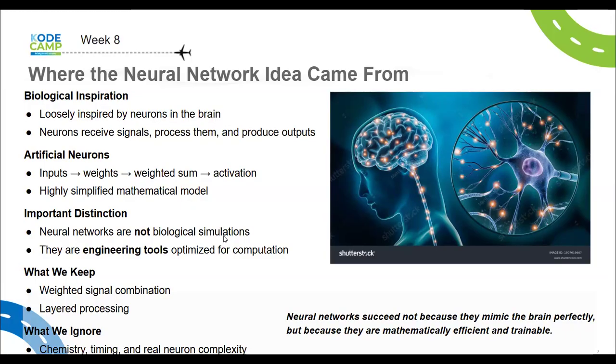Even though initially they started off being inspired by the neurons in the human brain, we have seen now that the simple model we currently use for artificial neural networks is way, way simpler. The neurons in the brain are far more complex. So effectively, what is now being used is the weighted signal combination.